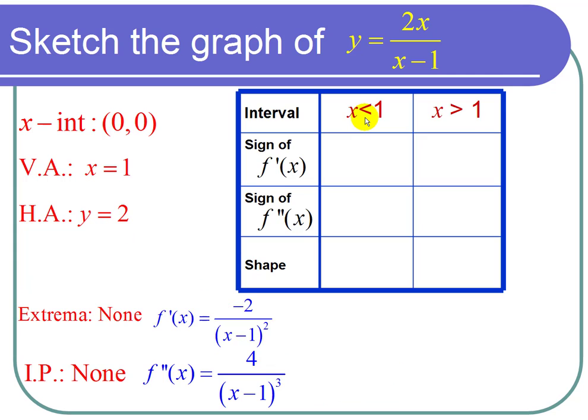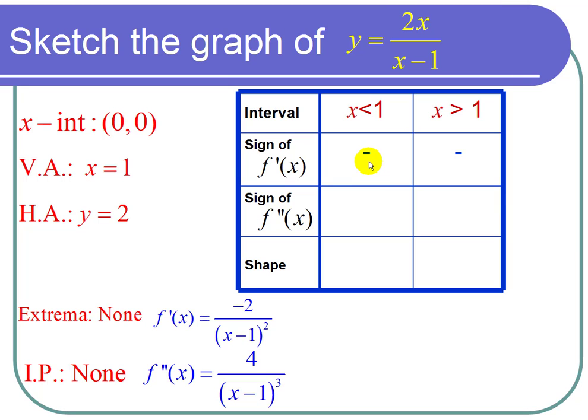So when x is less than 1, if I plug it into the first derivative, it's negative 2 over something squared. That's always negative. So in particular, the sign of f prime of x is negative in both intervals, x less than 1 and x greater than 1.